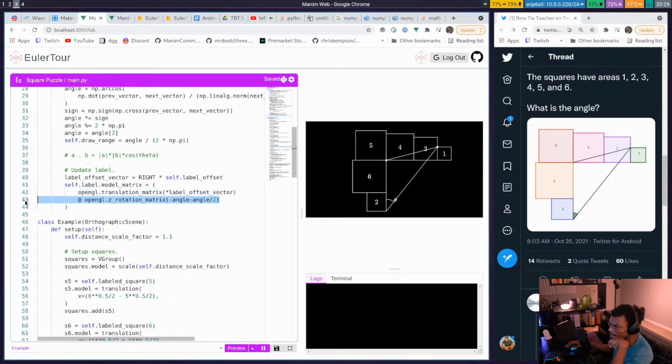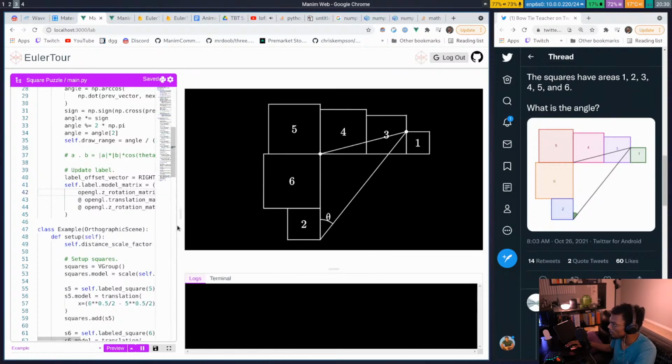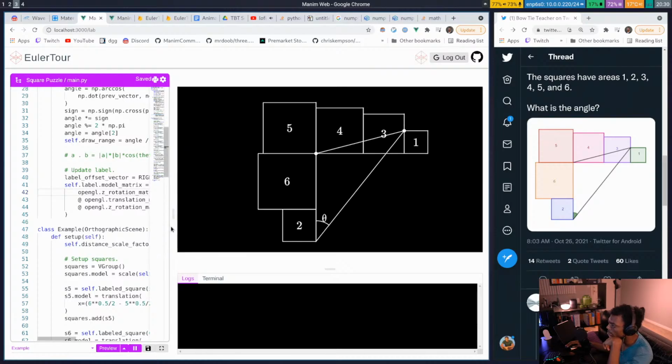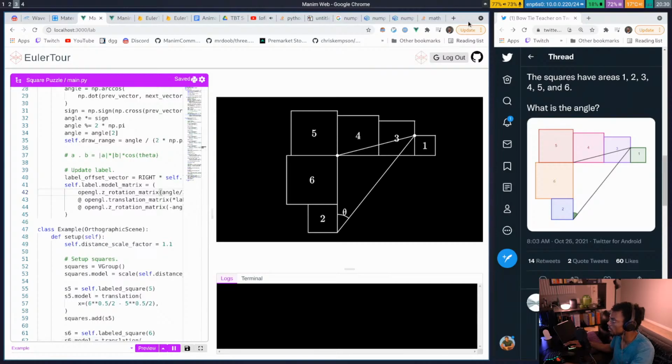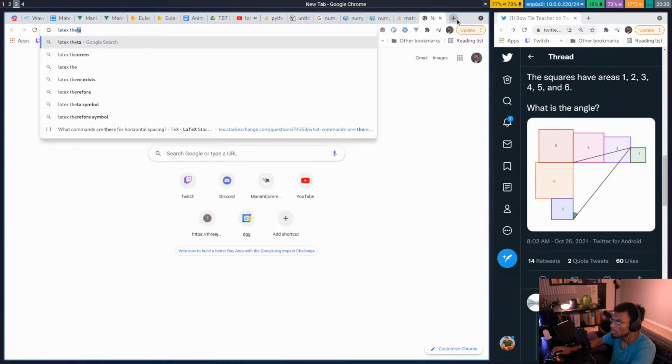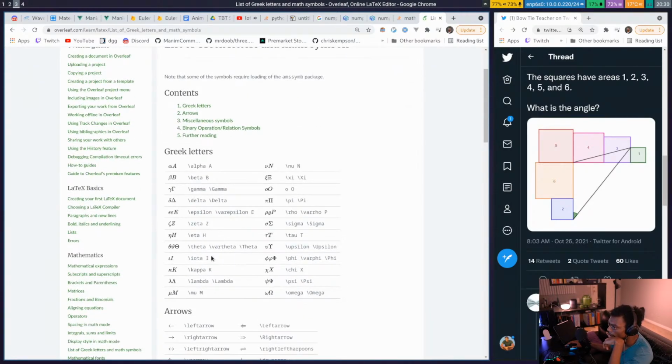And then when I multiply that by angle over 2, positive angle over 2. Now I don't know if it's upside up or not. I think it's not, though. Yeah, that line should be straight across.